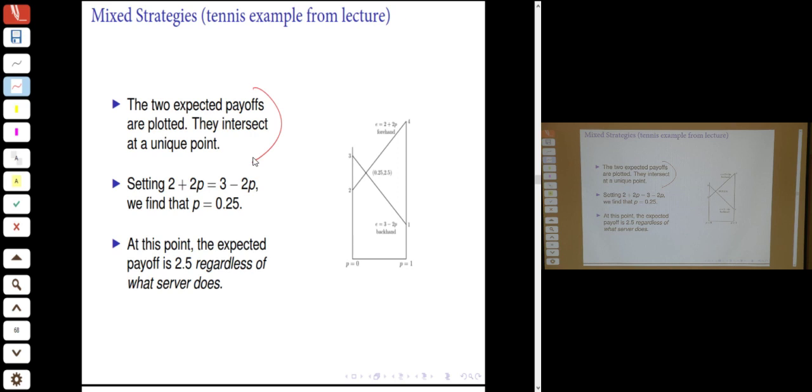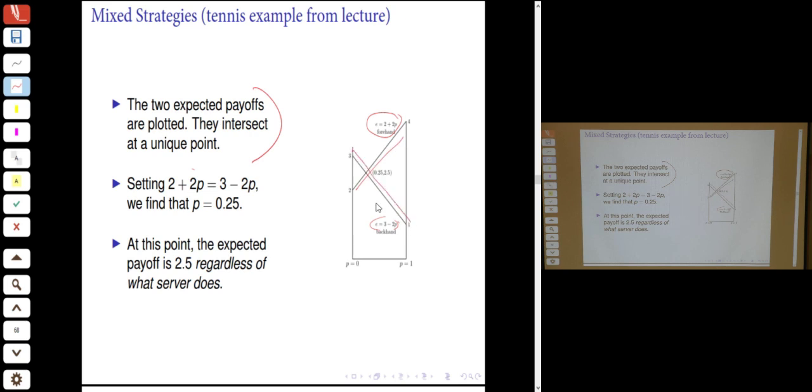One strategy has probability p, the other has probability 1 minus p. Then what will be the expected payoff for this player? The expected payoff will depend on what strategy the other player decides to employ. So you have to calculate the expected payoff for each of the possible strategies of the other player. This expected payoff will depend on p, and usually its graph will be a straight line.